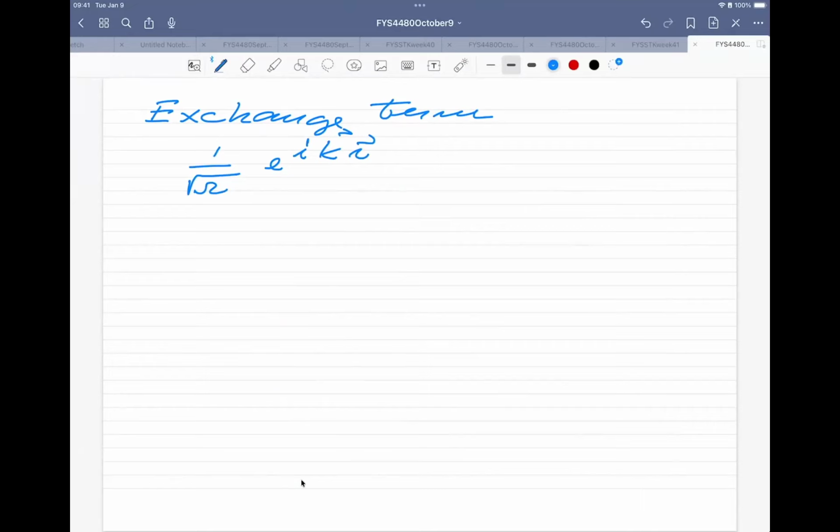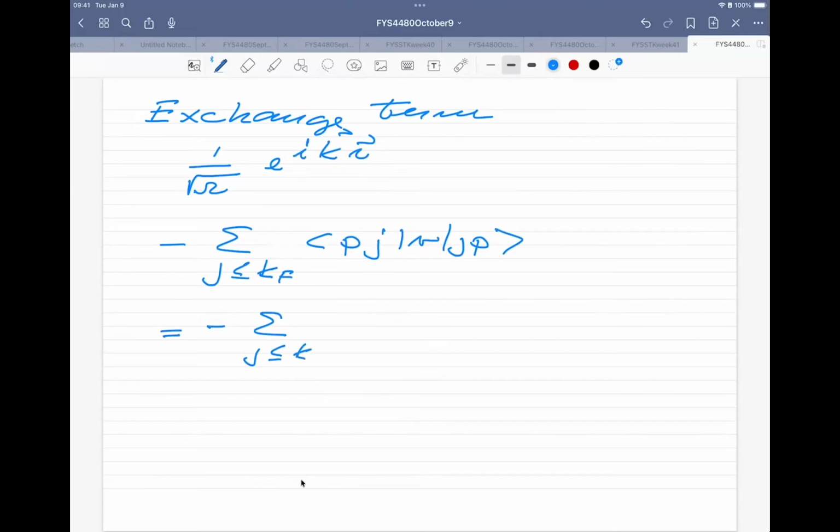So what I will get then is the following. I will have an integral, which gives me, when I translate everything, a sum over j less than kF, and then I have this element pj, V of jp. This is going to be equal to this summation over j less than kF.